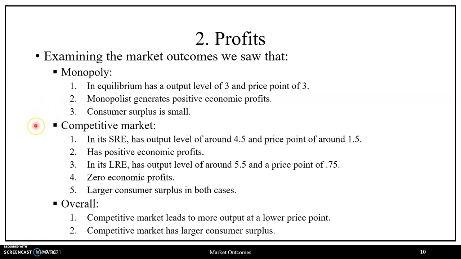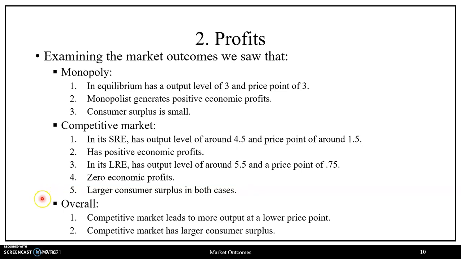Compared to that, in the competitive market's short-run equilibrium, the output level was around 4.5 with a price point of around $1.50, in which positive economic profits existed. Whereas in the long-run equilibrium, the output level was around 5.5 and the price point was 75 cents, in which there were zero economic profits. In both the short-run and long-run equilibrium, consumer surplus was larger than that of the monopolist outcome.